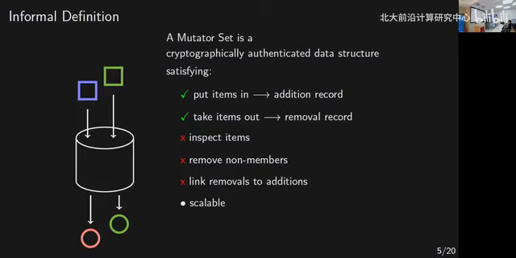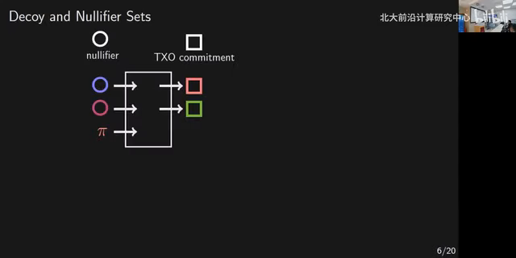But the point is, it's rather easy to find a construction that does all but one of these features, but if you want all of them, then it's a little more difficult. And so here's a construction that fails in terms of scalability, but actually achieves all the other properties.